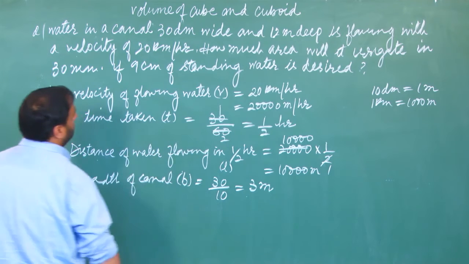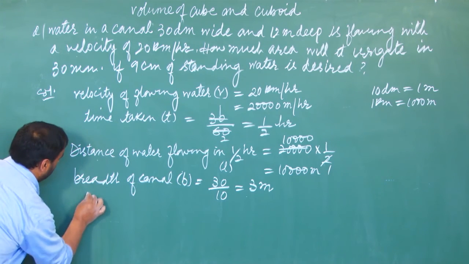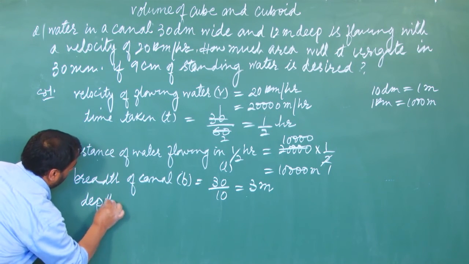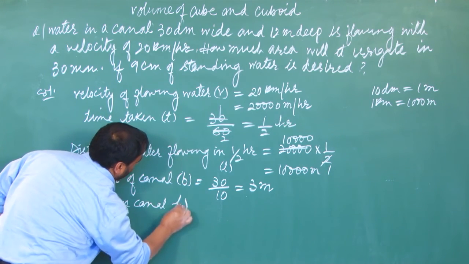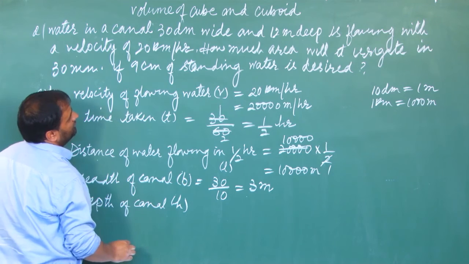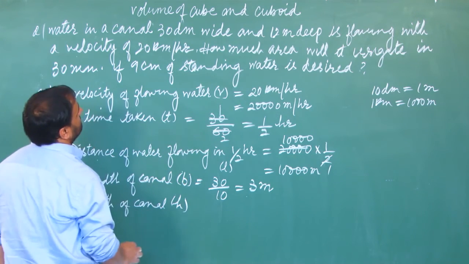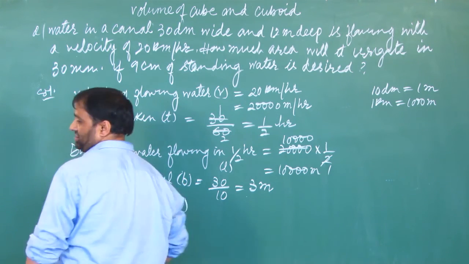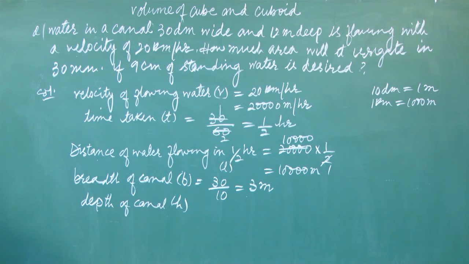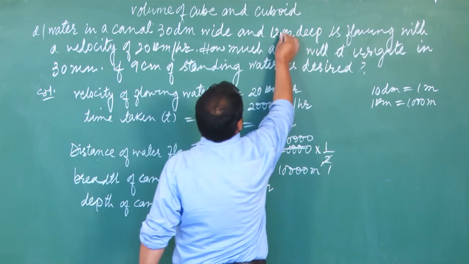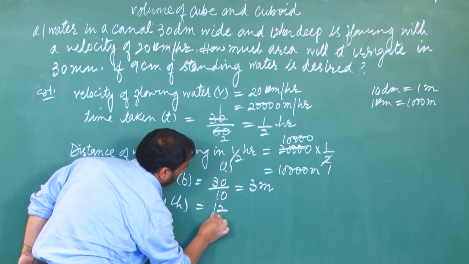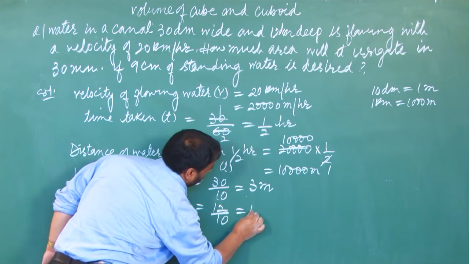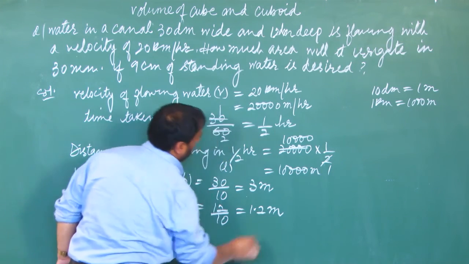Now, what is the depth or height of canal? It can be represented as H, and it is 12 decimeters. So divide 12 decimeters by 10. It becomes 1.2 meters.